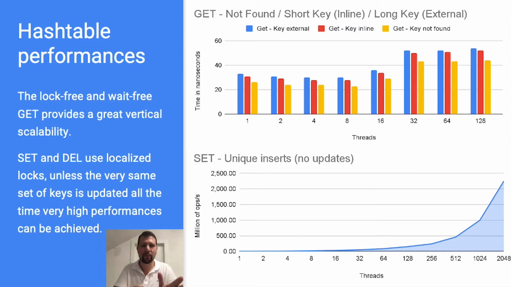In fact, up to 8 threads, the time needed to access a bucket is the same. With 16 threads, it increases a bit because the machine that I use for benchmarks has 14 physical cores per CPU, and then over 16, clearly the context switching and the CPU vector unit saturation really play a role.